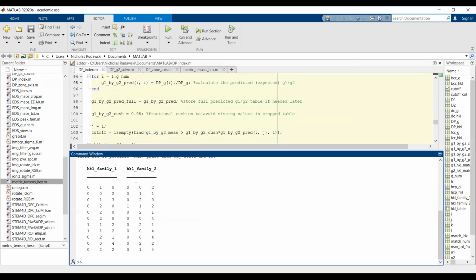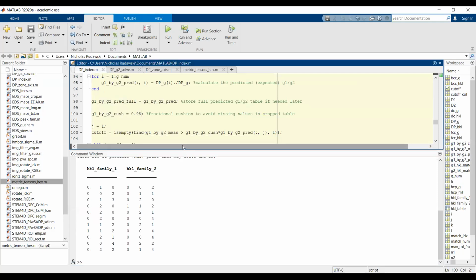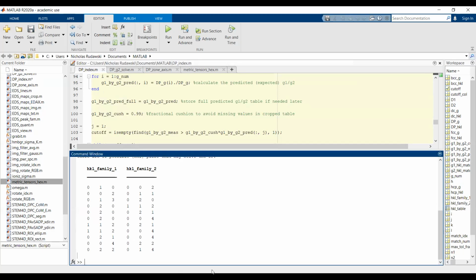Okay, so now it's giving us a bunch of possibilities here. Again, part of that is that this is very close to 1, and all of those diagonal terms in the G1 by G2 table are all going to be 1. So that's part of why you're seeing that. Let me see if I make this 99, if that helps us any more.